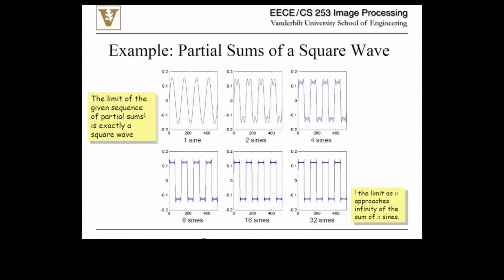If you add 2, it's a little bit more similar. Then 2, 4, 8, 16, 32 sines. There is this overshooting caused by the discontinuity, but aside from the discontinuities that are not well represented by Fourier, all the rest looks very much like the square signal that you wanted.